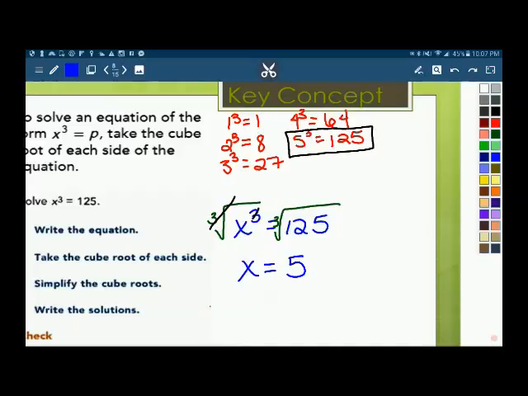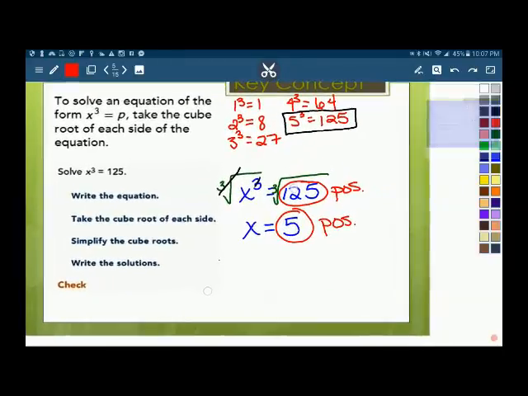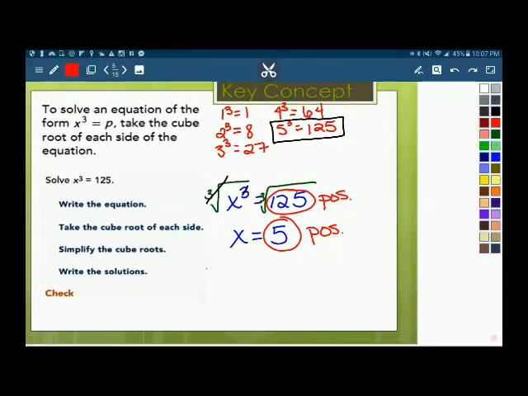So we need to make sure that the signs actually match. So since 125 is positive, then that means the answer will also be positive. This is specifically for cube rooting. When you square root, make sure you include both the positive and the negative versions.